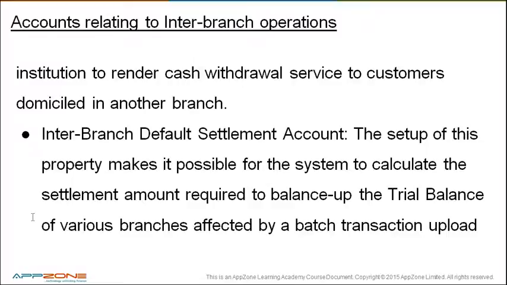A default settlement account is a setup that makes it possible for the branch's trial balance to still be balanced despite the interbranch transactions happening across those branches, where a customer of branch A walks into branch B to do deposit or withdrawal, and a branch B customer walks into branch A to do deposit or withdrawal.